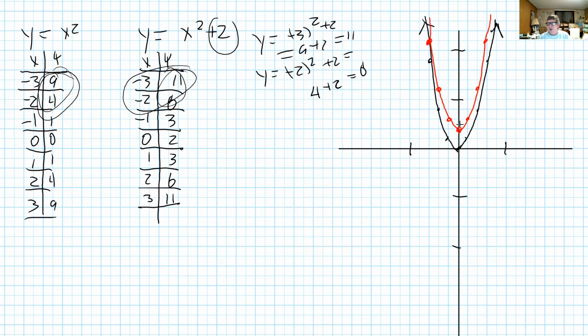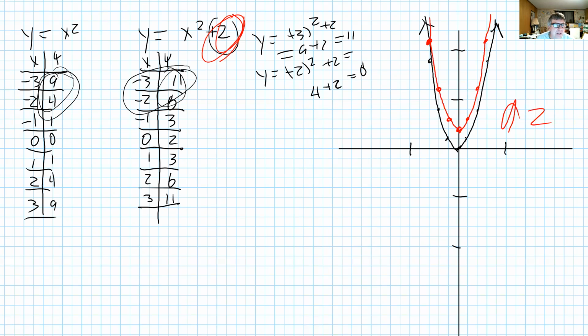Now, it's kind of hard to visualize this, especially with my sad-looking drawings, but the shape of the red graph is the exact same shape as the black graph. It's just that the red graph has been shifted upwards by 2 units. Okay?